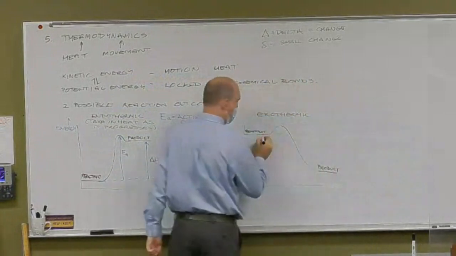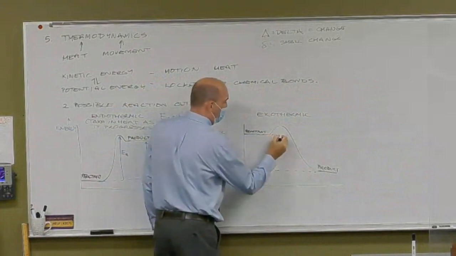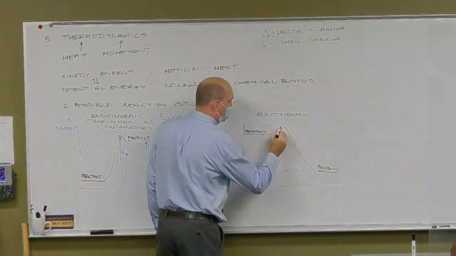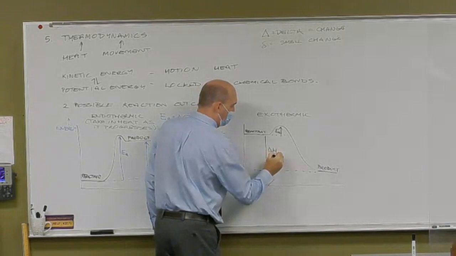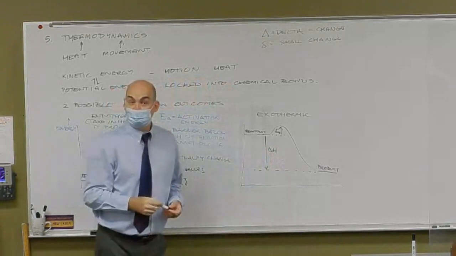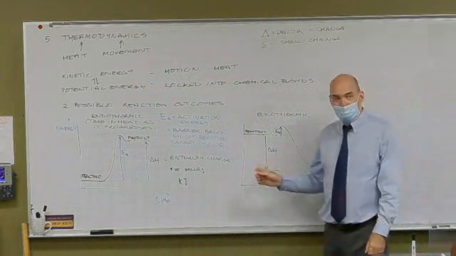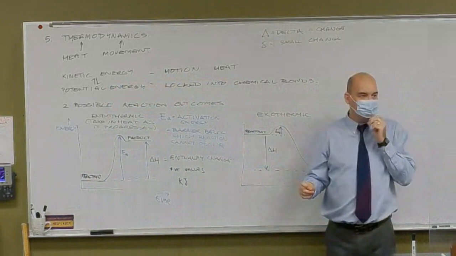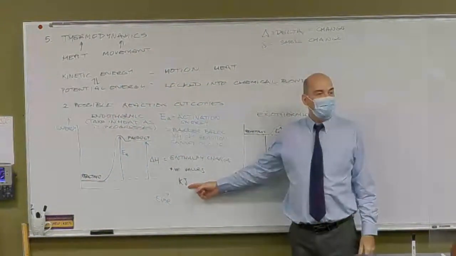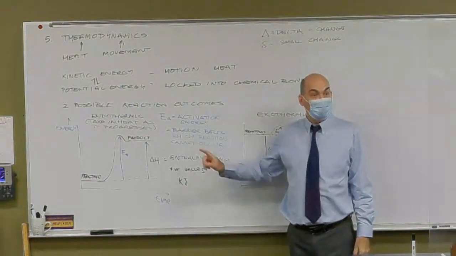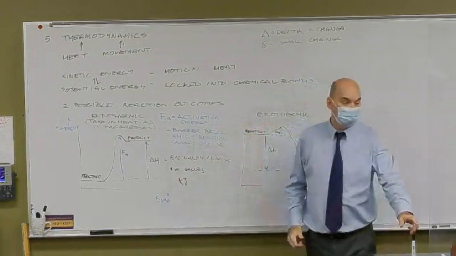And then there is a gap. Activation energy goes this way, and delta H goes that way. Okay, this is a good time to reiterate that energies have a magnitude. There is a number that we're going to measure in kilojoules, and they have a direction, in or out, plus or minus.